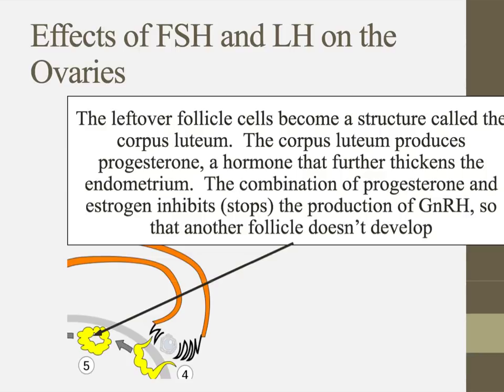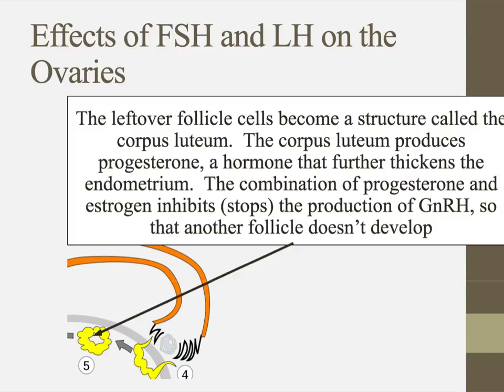Now, what's interesting about this corpus luteum is that it also produces its own hormone, and that hormone is called progesterone. Progesterone is going to further thicken the lining of the endometrium. So we had estrogen from the follicle thickening the endometrium. Now we have progesterone from the corpus luteum thickening the endometrium. So it's going to get thicker and thicker and thicker.